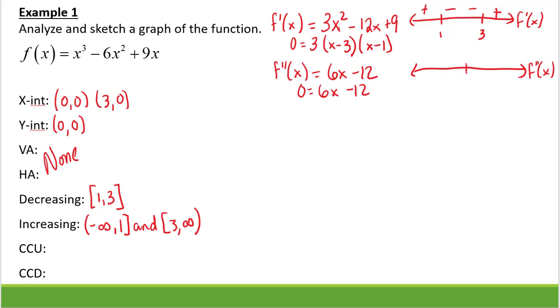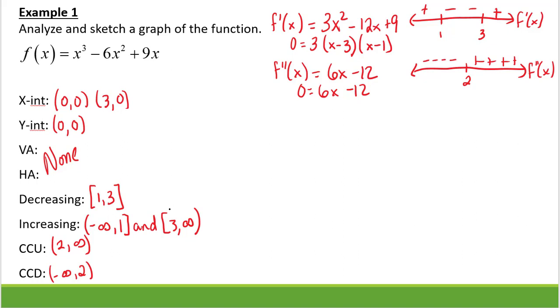And I'm going to line it up so that 2 is on the number line where we see our derivative. And we are negative in there and then positive in here. So I am concave up from 2 to infinity. Now that is non-inclusive. Those are always parentheses. Concave down from negative infinity to 2.